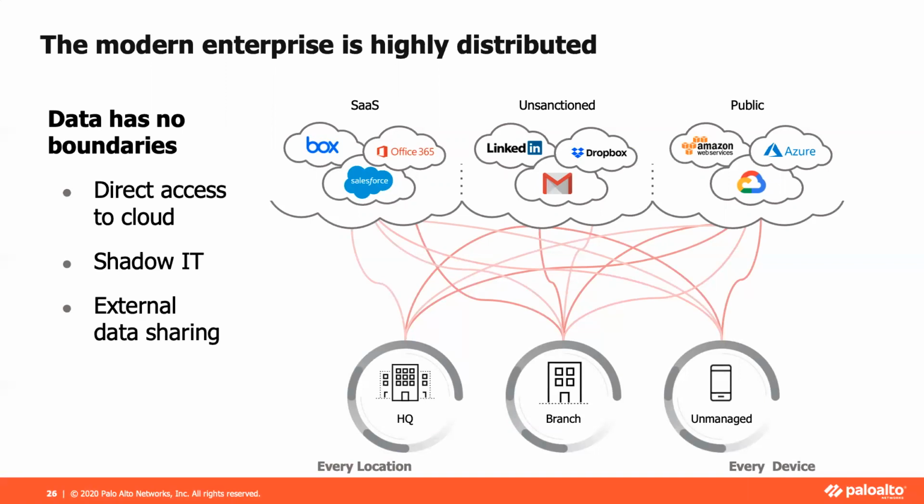People accessing and storing information on sanctioned SaaS applications, Office 365, Salesforce, that sort of thing. Unsanctioned SaaS applications, corporate Gmail versus private Gmail. Information is now stored in the public cloud on Azure and AWS and Google Cloud and all those sort of things.